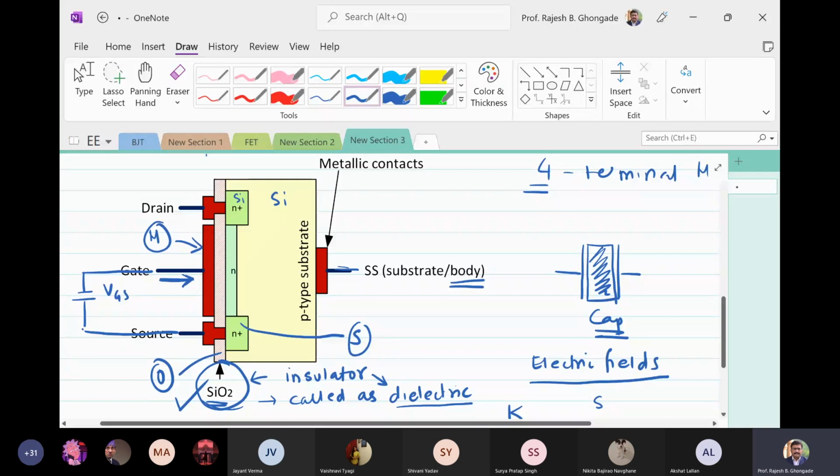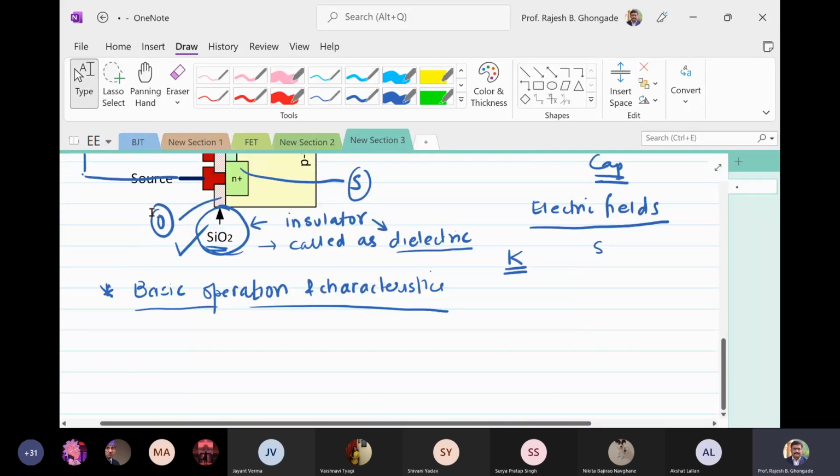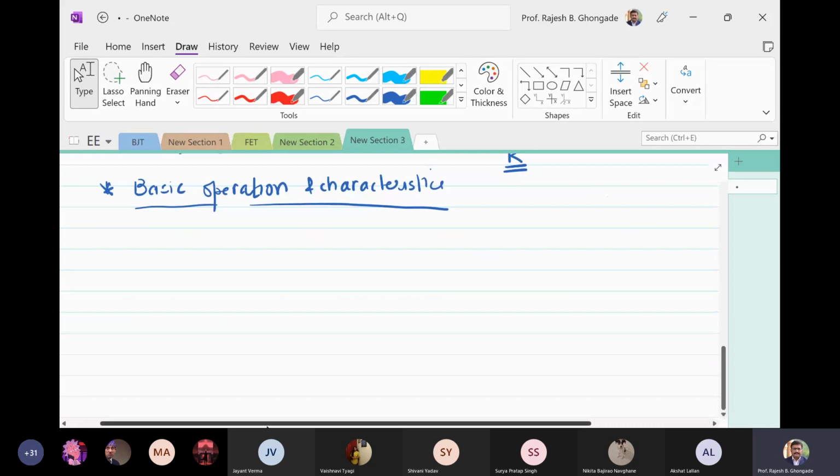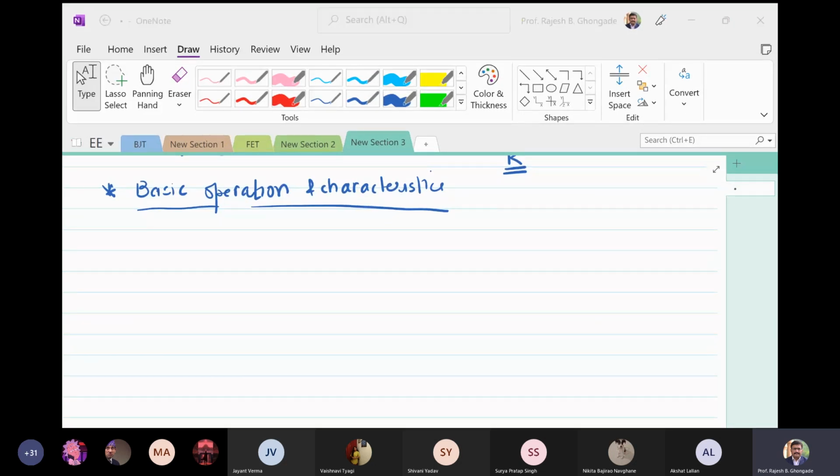Okay. Let us see the characteristics. Let me pull the figure again.